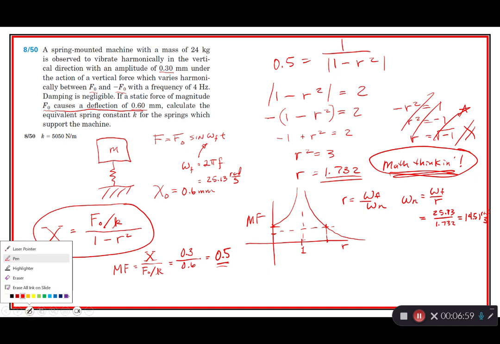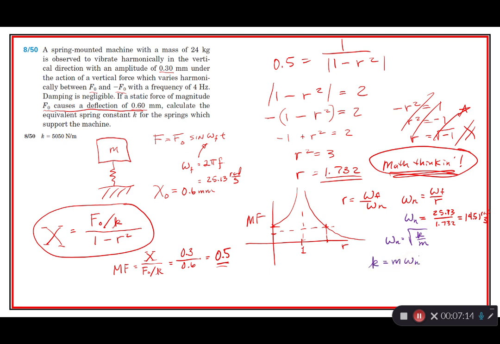Let's go purple. If that's omega_n, and omega_n is equal to the square root of k over m, now we can find k is equal to m times omega_n squared. Taking 24 and omega_n of 14.51 squared, k comes out to 5,053 newtons per meter.